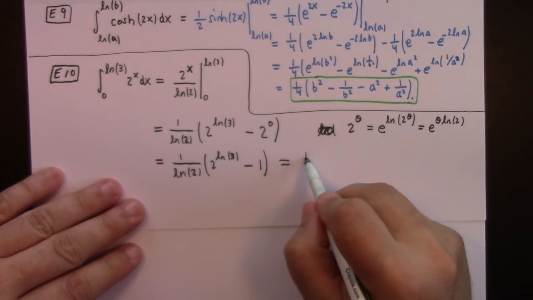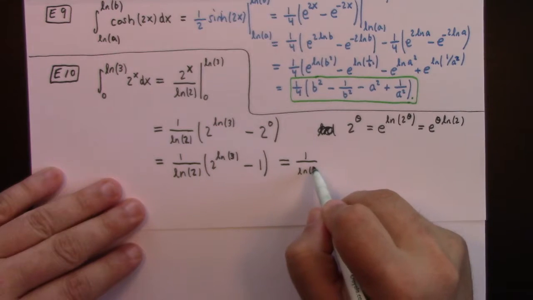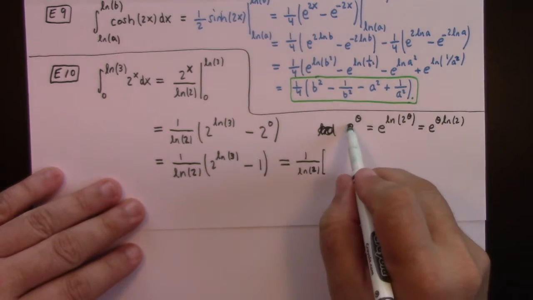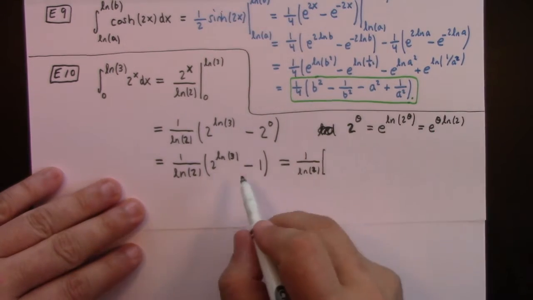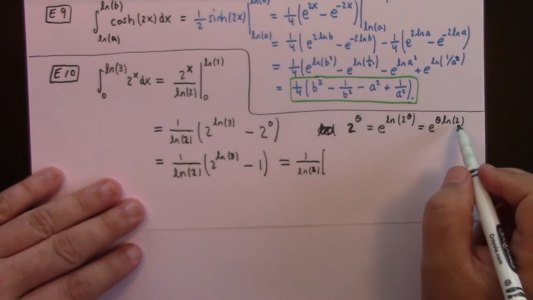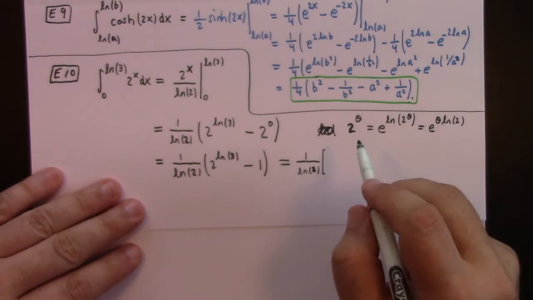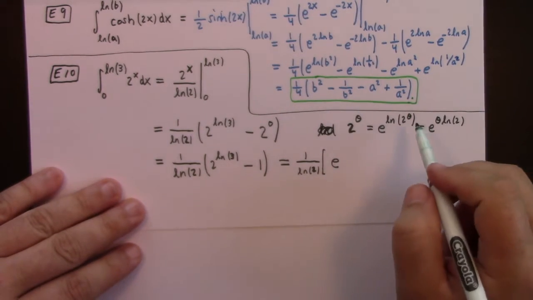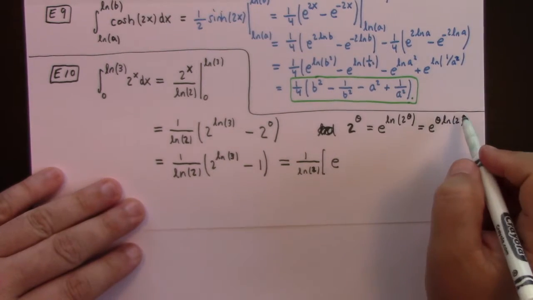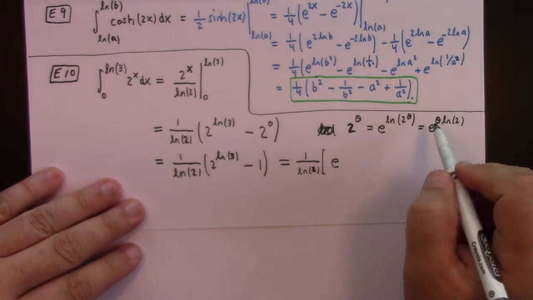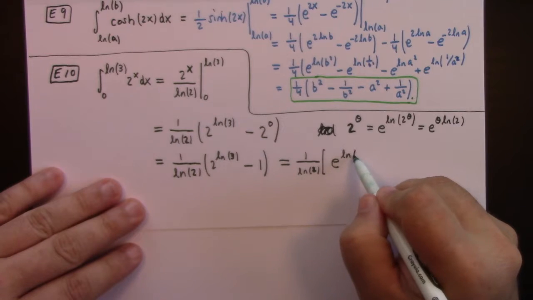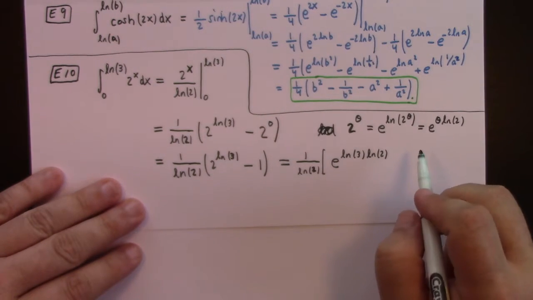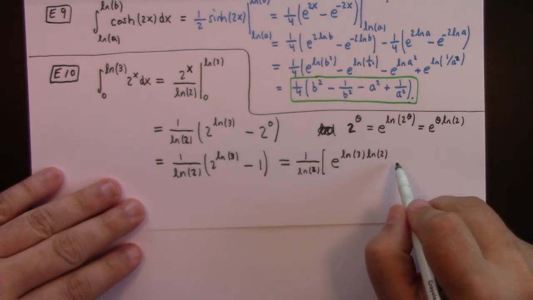So in other words, this is 1 over ln 2 times, with theta equals natural log of 3, I can rewrite this as e to the natural log of 3 times the natural log of 2, minus 1.